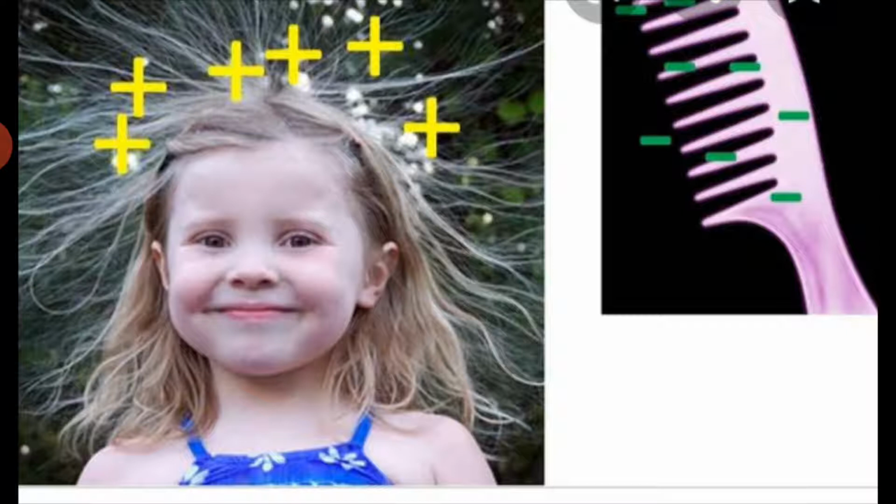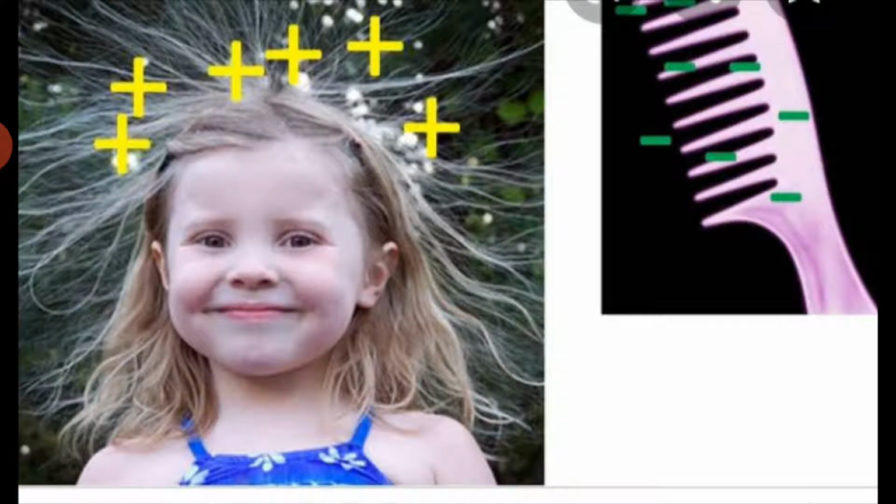Here we can see that when hair is combed by a plastic comb, the hair gives electrons, so those electrons will be transferred from the hair to this comb, right?